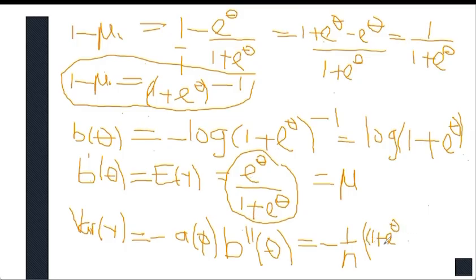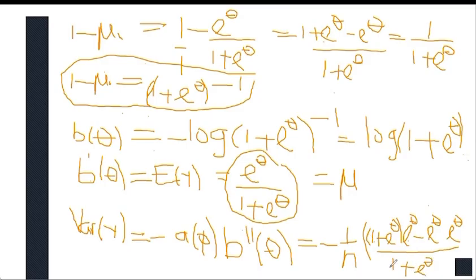So I write e raised to power theta, minus, then you write this and differentiate that. Differentiating this here gives e raised to power theta, and I divide by the square of that. So I'm using the quotient rule of differentiation.